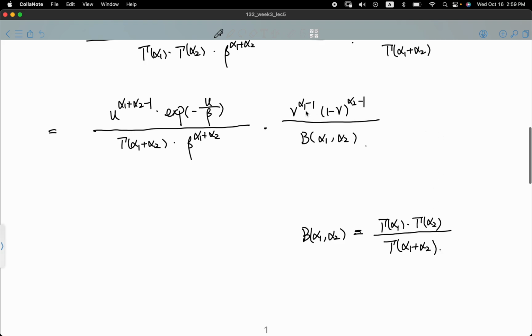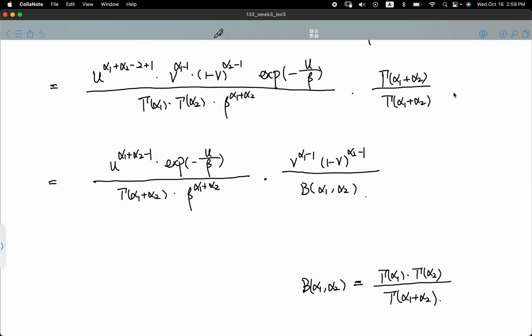So here I'm using the numerator and the two gamma functions from here, but this is a division, so you take the inverse: this becomes the denominator and this becomes the numerator, because you are dividing in the denominator. Okay, so this is what we define as a beta function.